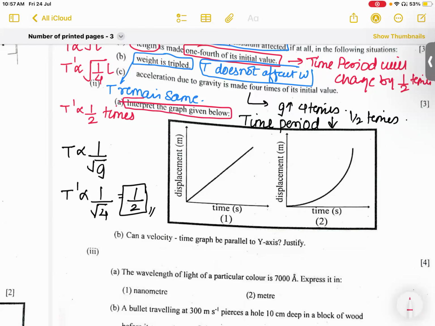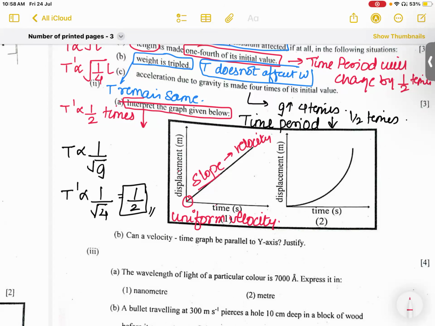Interpret the graph which is given below. Interpret matlab conclude. Find out what this graph is trying to say to us. दो graph है. First graph displacement time graph. तो डिस्प्लेसमेंट टाइम ग्राफ में अगर मैं ये स्लोप कैलकुलेट करता हूँ कैन आई से स्लोप विल गिव मी वेलोसिटी एंड सिंस इट इज पासिंग थ्रू origin this graph will indicate that this is uniform velocity. तो ये ग्राफ से मुझे क्या पता चलेगा कि ऑब्जेक्ट हैज यूनिफॉर्म वेलोसिटी. क्लियर गाइस. सेकेंड ग्राफ को ध्यान से देखो. इट इज नॉट अ स्ट्रेट लाइन.